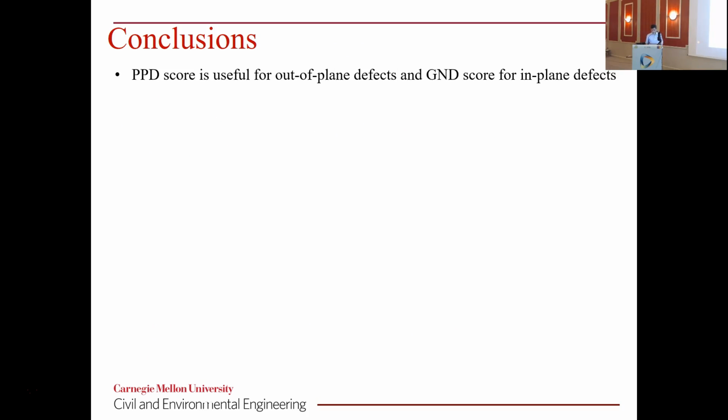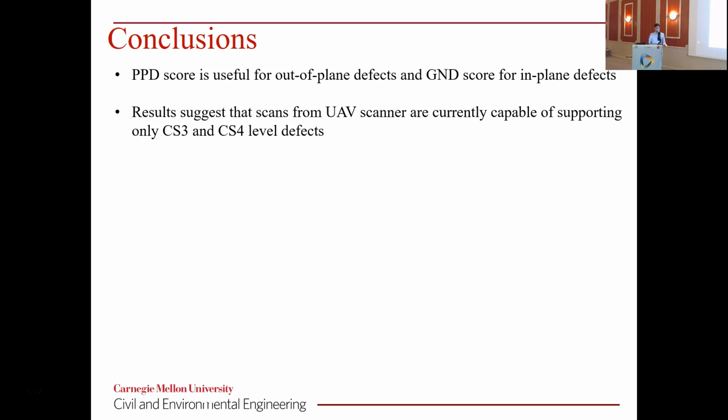And let me go into some conclusions. We can see that if we look at the two metrics that we found, the PPD score metric that we developed is extremely useful for out-of-plane defects. Meanwhile, the GND score metric is very useful for in-plane defects, and this could be used in sets of future research or even by individuals in industry.